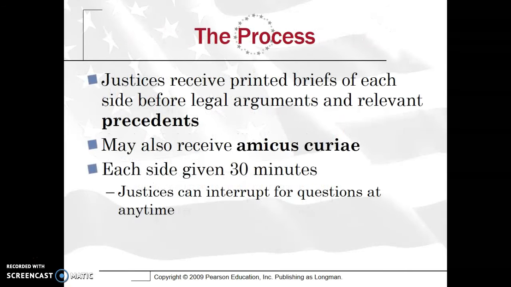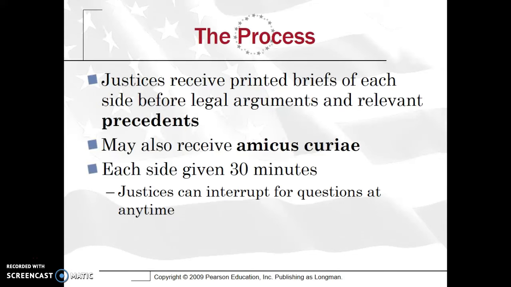So sort of the process: justices receive the printed briefs of each side before the legal arguments come about, and they look at precedents. How have past Supreme Court justices ruled on this? That's very important. And as we said earlier, they will receive Amicus Curiae briefs. For such important cases that have gone through the Supreme Court, a mere 30 minutes is given to each side.